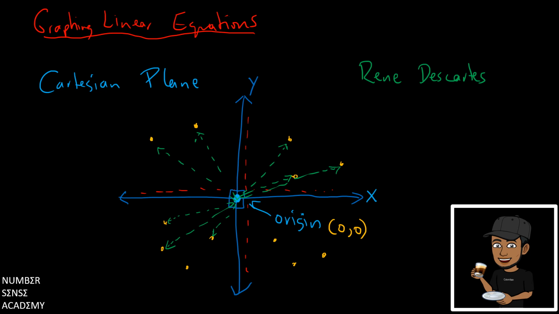So in order to get to a point, you have to go either in the direction of x and then in the direction of y. So this would be your x value.